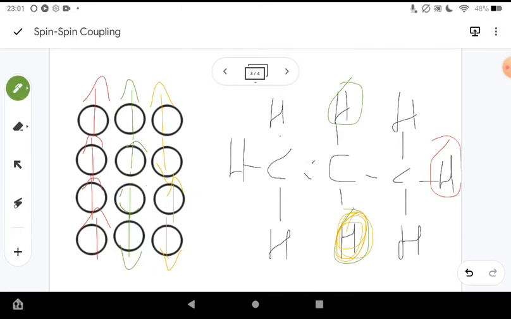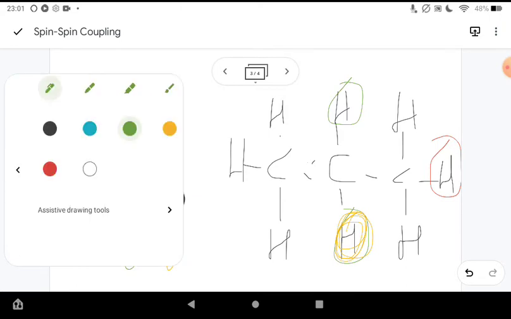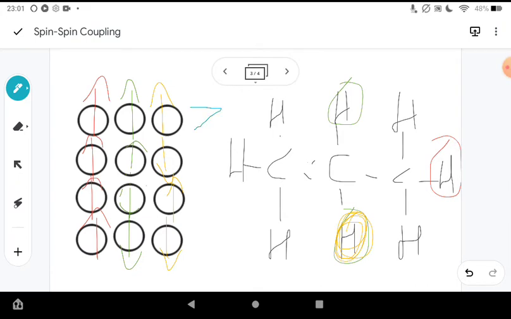Which means that I've got a small one there, I've got two in that category, and I've got one in that category, so on the NMR we'll get a splitting pattern that looks like that. And this is the case all the time. You will always get the middle ones bigger than the outer ones.